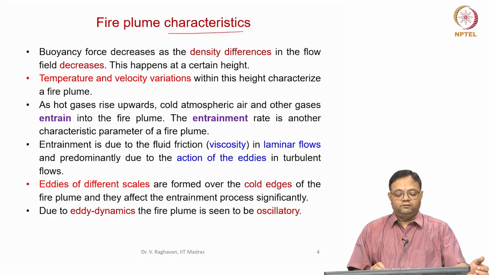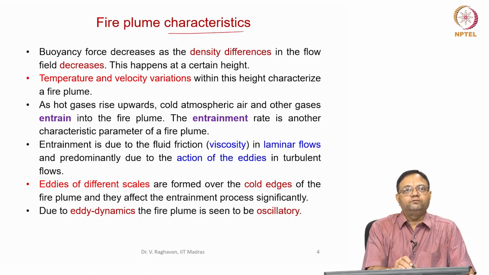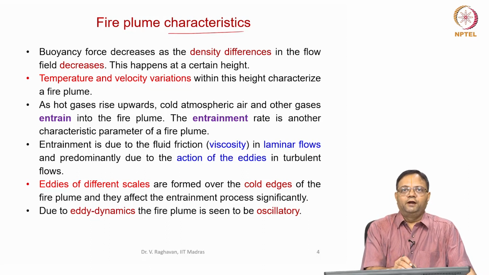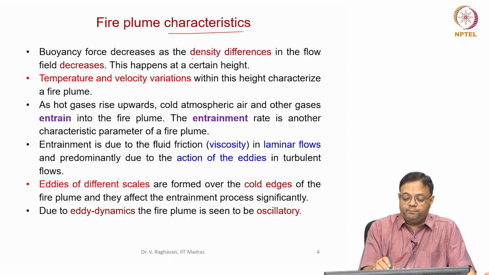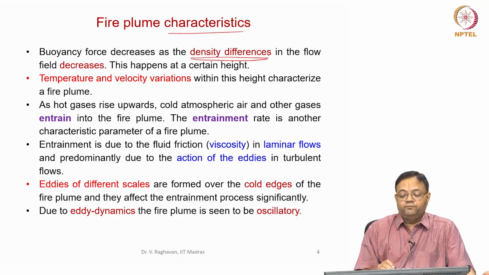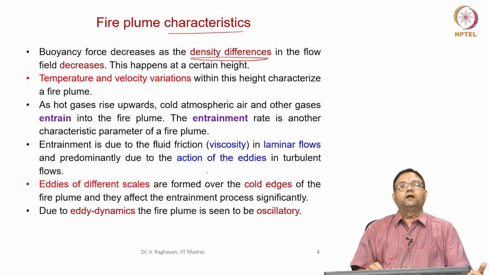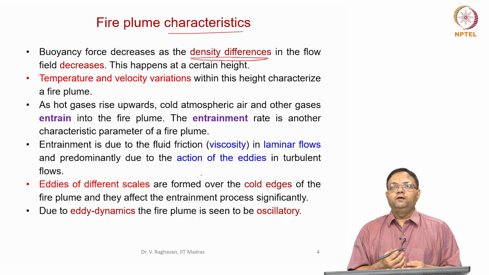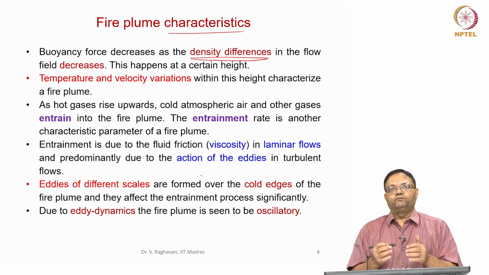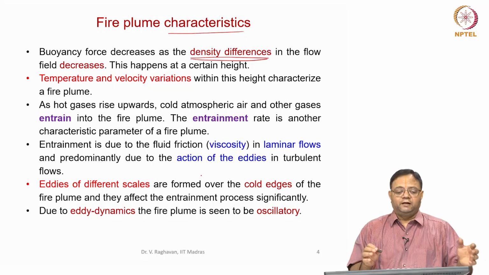So, we have already discussed that the buoyancy forces depend upon the temperature gradient. However, the temperature gradient, which causes the density gradient, reduces. The temperature gradient may be very high near the flame zone, but if you go to the plume zone, the temperature gradient decreases.